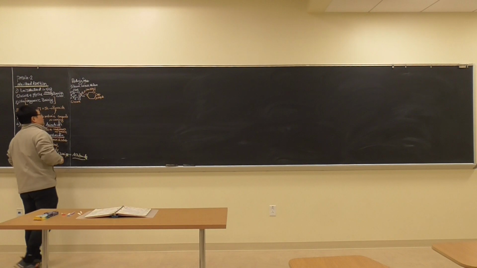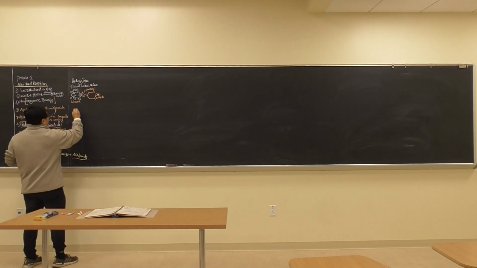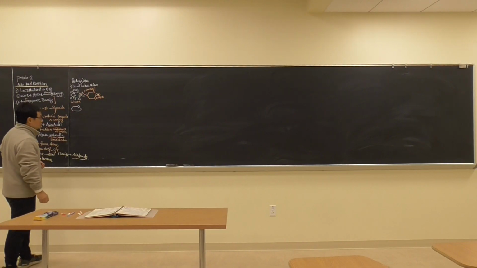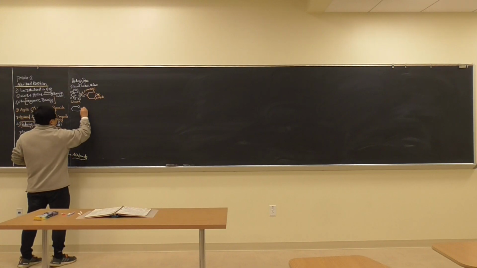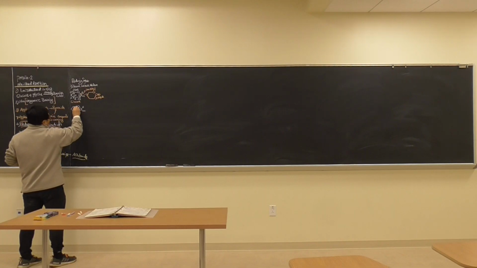Okay, let's give another example, lactose. What are the two components of lactose? Lactose is composed of glucose and galactose, and how they combine is very simple. The structure for glucose and galactose is also very similar.